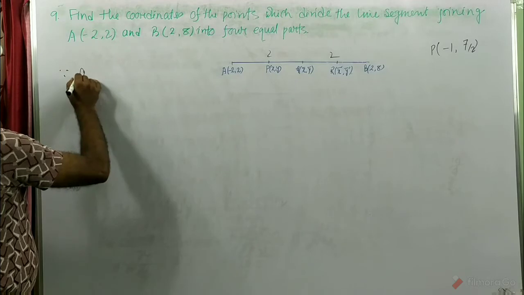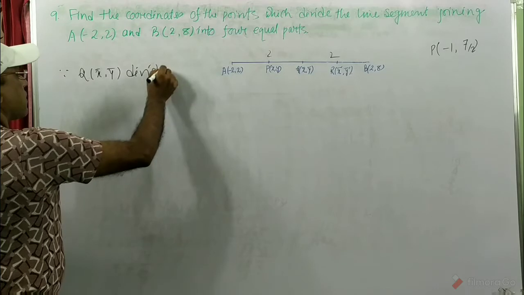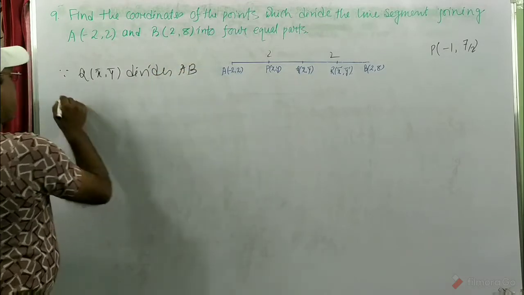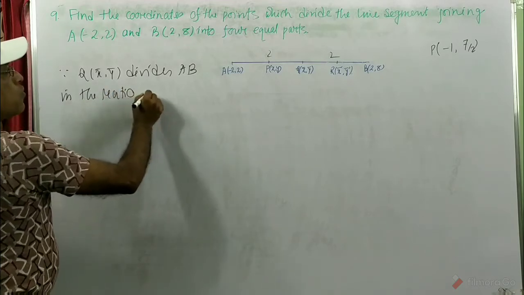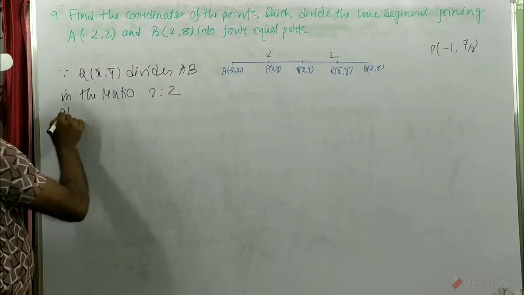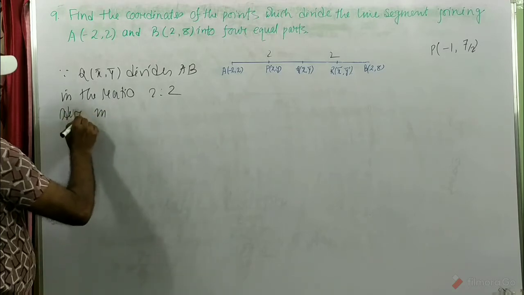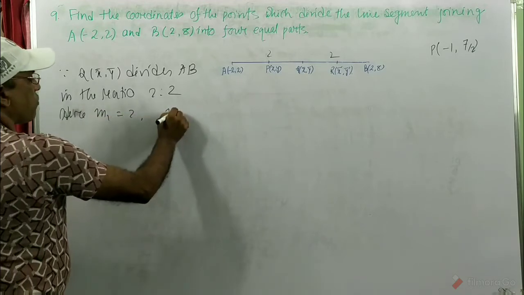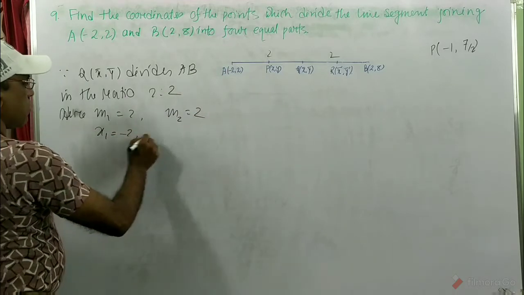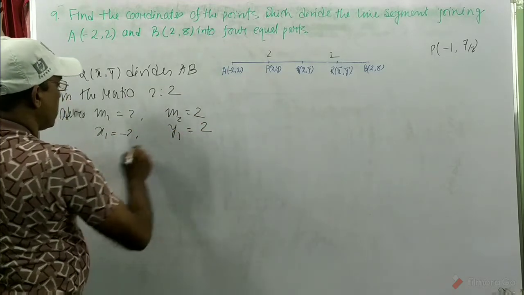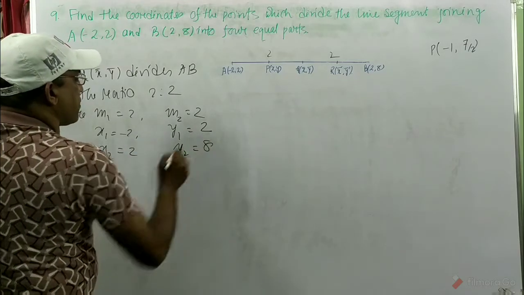Since Q x bar y bar divides AB in the ratio 2:2, here we get M1 equal to 2, M2 equal to 2, X1 equal to -2, Y1 equal to 2, X2 equal to 2, Y2 equal to 8 we get.